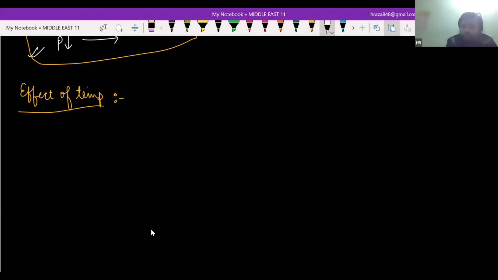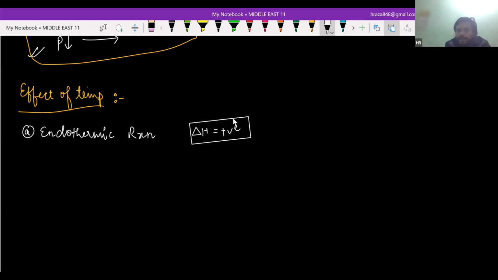Whenever we predict the direction with the help of Le Chatelier's principle, we first have to know whether the reaction is endothermic or exothermic. Here I'm taking the first as endothermic, and everyone knows that an endothermic reaction has delta H positive, right, Krishna, Saif, Fawaz, Ifra? Yes, positive, sir.